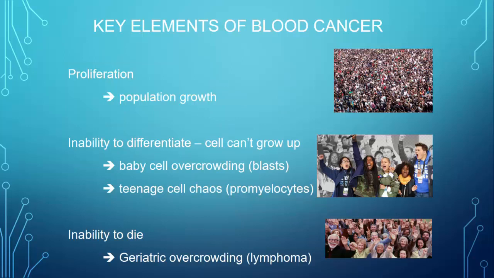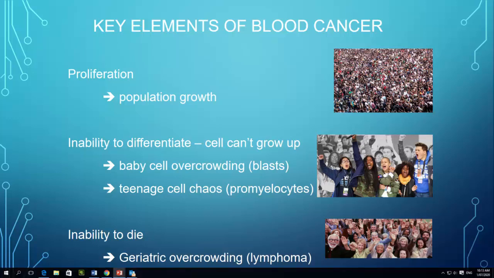With blood cancer, again, you can look at it in three different ways, relating to the types of mutations that occur. You can look at a blood cancer as proliferation, so a mutation that enables a population of cells to just grow and grow and grow, so you get population growth. You can have mutations that mean cells are unable to grow up, so they have an inability to differentiate.